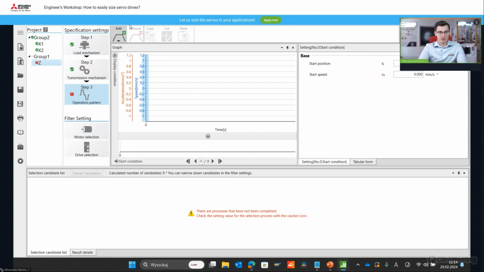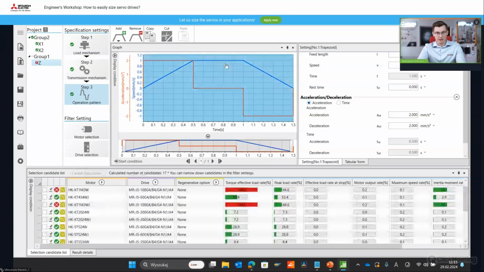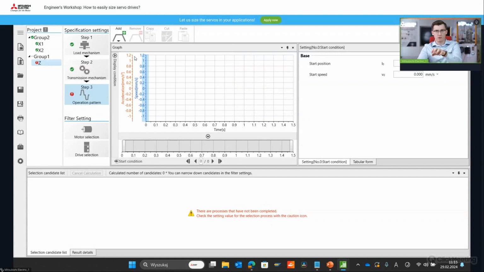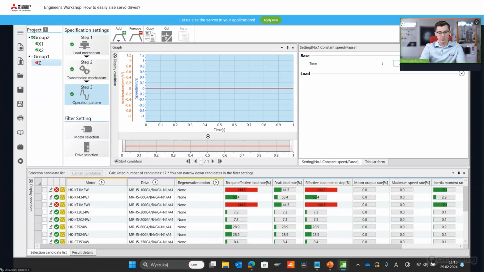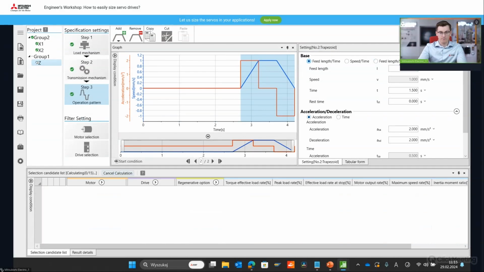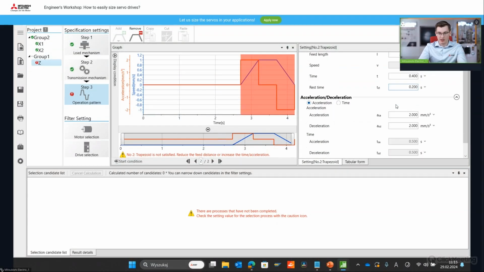And with the operational pattern, our duty cycle will be like that. So first we will wait for the horizontal axis to move to the position, and it would be 2.7 seconds, I think. And then we'll go to the position of 300 millimeter in the time of 0.4, let's say, additional rest time that we'll need to put the detail back.